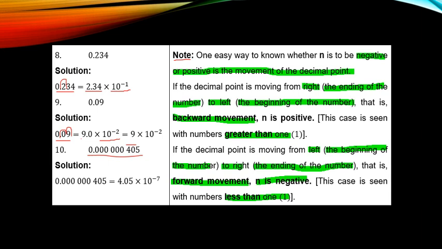You start moving from here: 1, 2, 3, 4, 5, 6, 7. Once the point is here, you ignore the rest of the zeros and you have 4.05. The movement was done 7 times and it is forward movement from left to right, so the power 7 is negative.